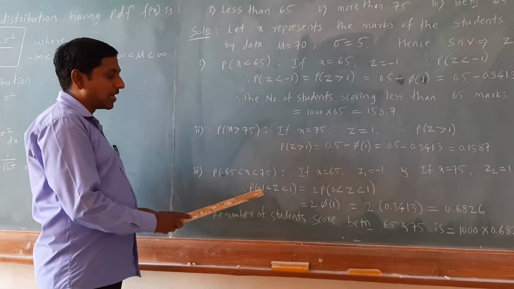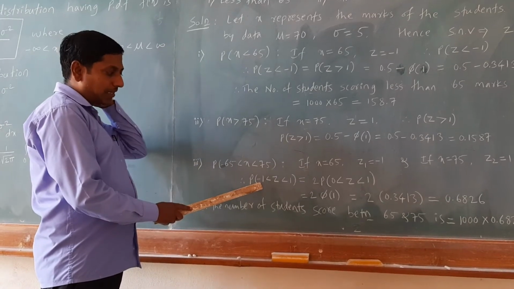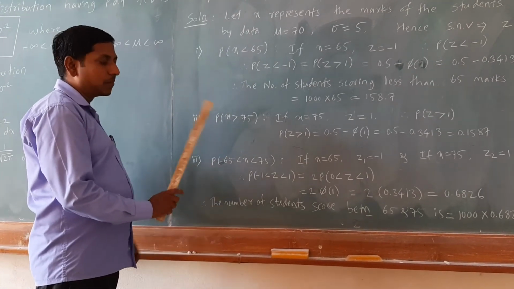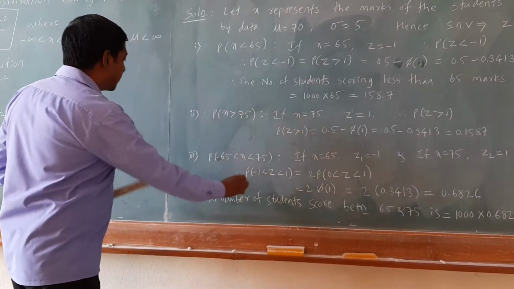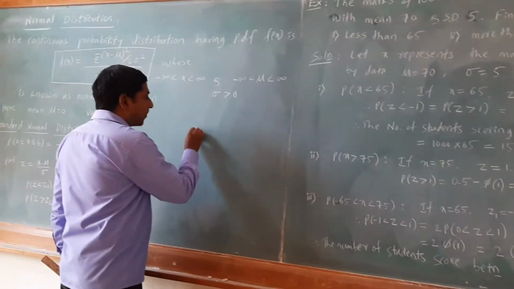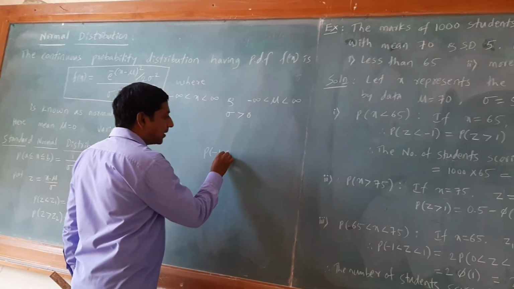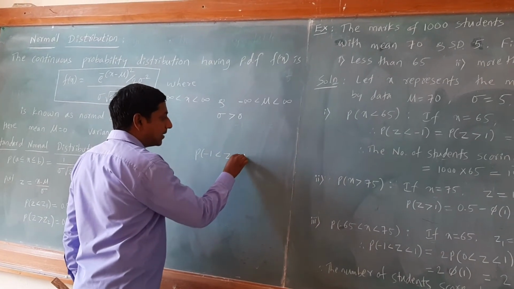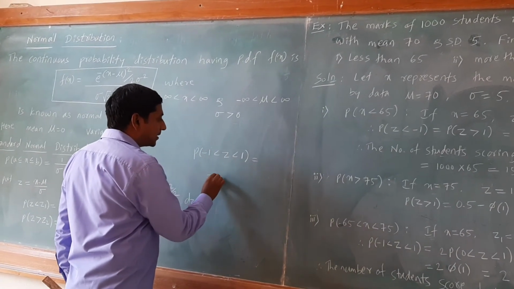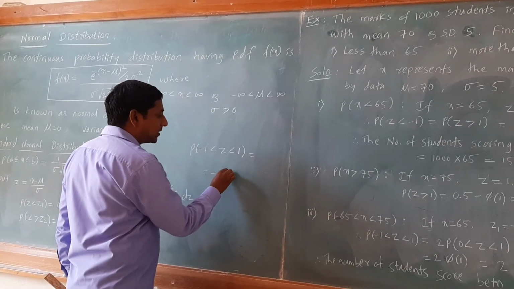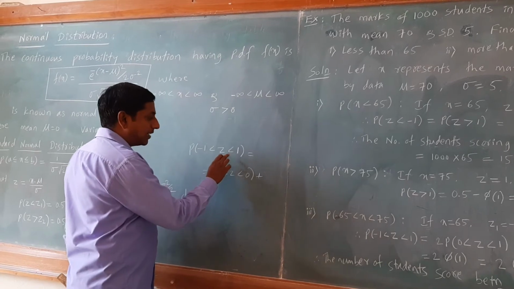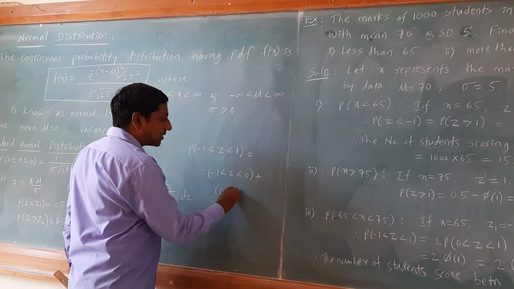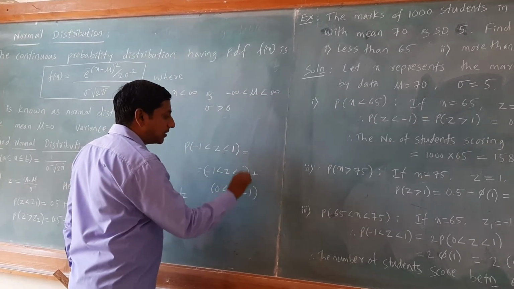Here also the sign is minus, so once again we express it in terms of plus sign by rewriting this term. We express this as probability of minus 1 less than z less than 0, and the second term is 0 less than z less than 1.